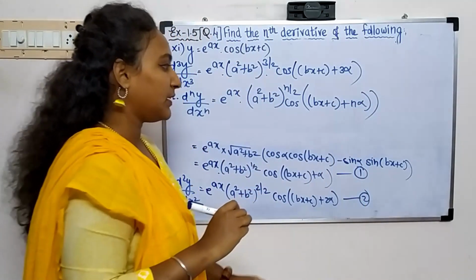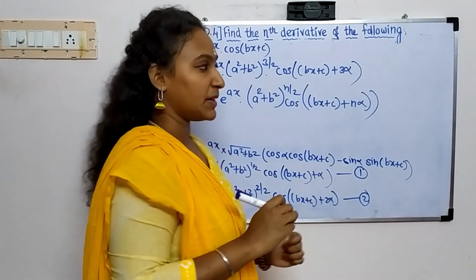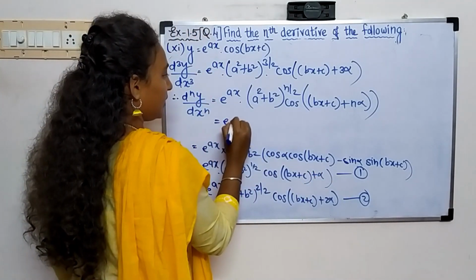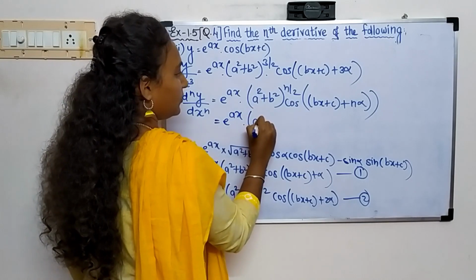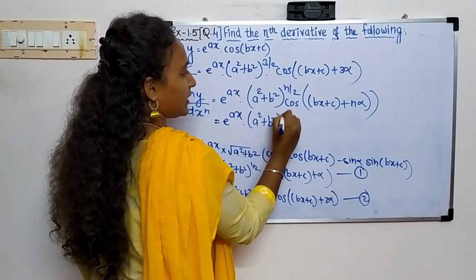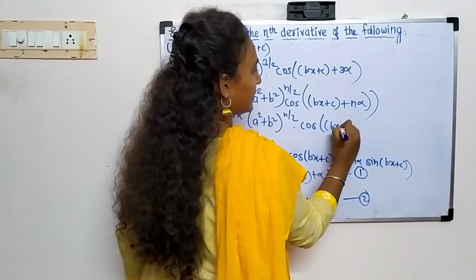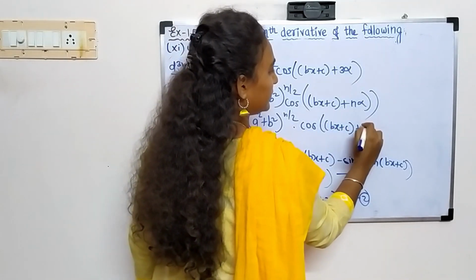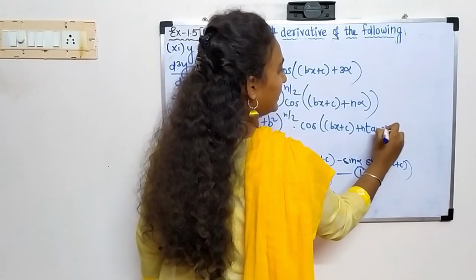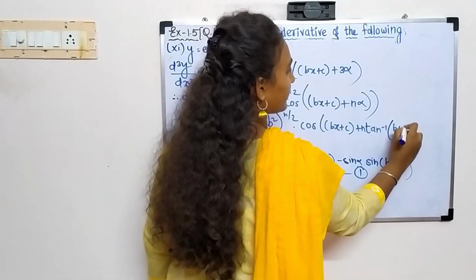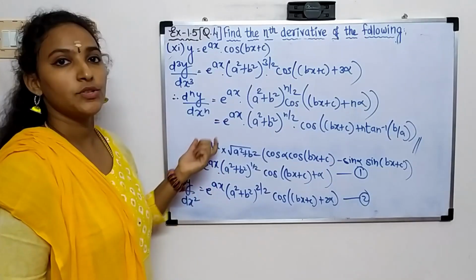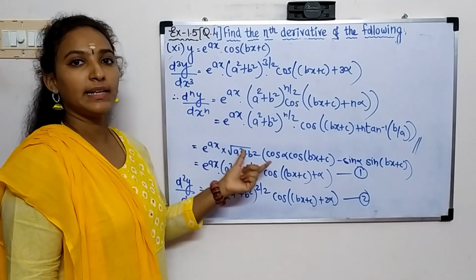In place of alpha we can write tan inverse b by a. So this is e raised to ax into a square plus b square raised to n by 2, cos bx plus c plus n times tan inverse b by a. So this completes our question number 11 here.